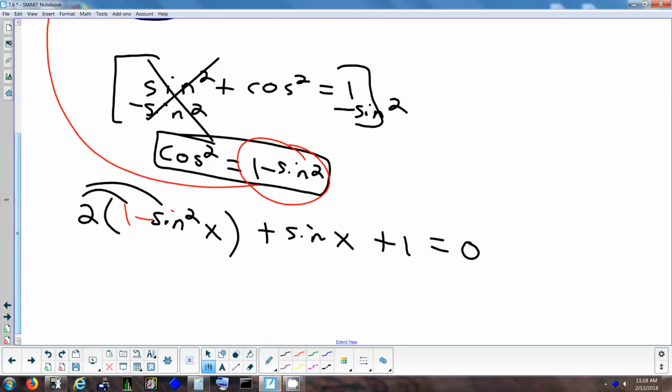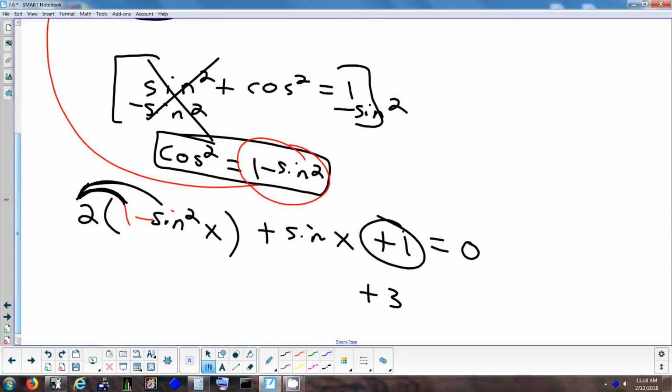So now we need to distribute it out. What's 2 times 1? 2, but then I have a plus 1 at the end. So what's 2 plus 1? 3. So I'm going to get a plus 3. And usually when we write a quadratic, we put the number at the very end. So 2 times 1 is 2, plus I've got 1 more at the end is plus 3.